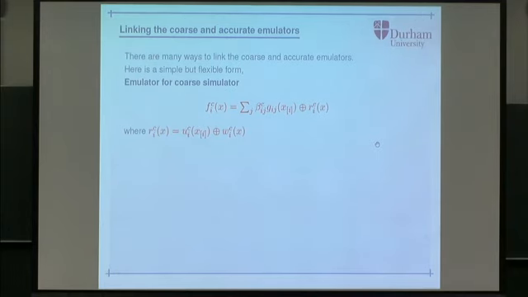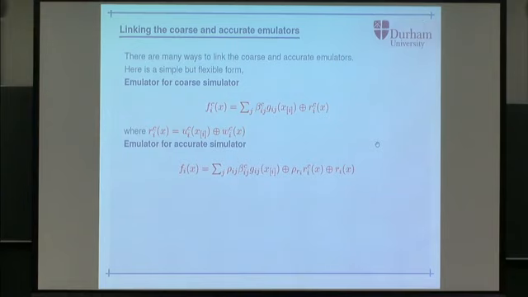So here was our coarse emulator, where I've now bundled up the residuals into what I've called the residual coarse, so our emulator for the accurate simulator. So we have an emulator for the coarse. We want to emulate on the fine, so we need to do something. This is the form that we decided.